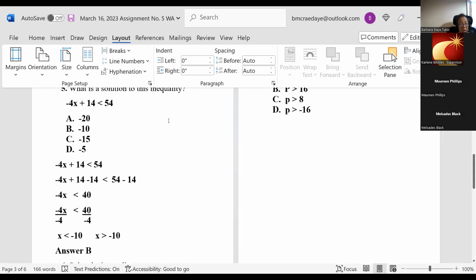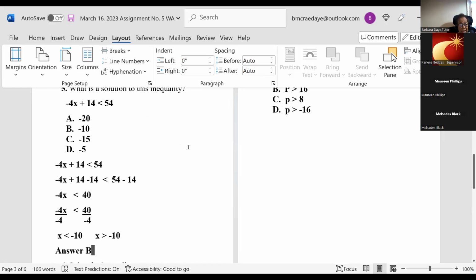The number is 40. But if you have minus 4 times a number, what do you multiply minus 4 by to get 40? It has to be a minus 10, because a minus and a minus multiply to give you a positive. Got it? Yeah. So when Maureen said mental math, she didn't go through the inequality steps here. Oh, I get what she did.